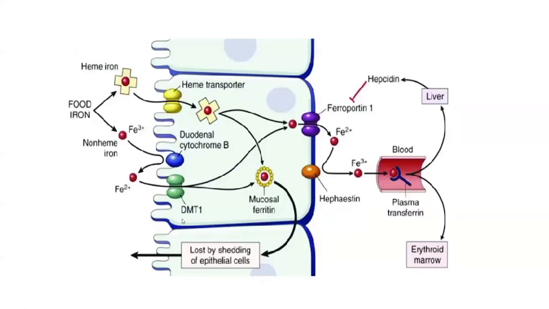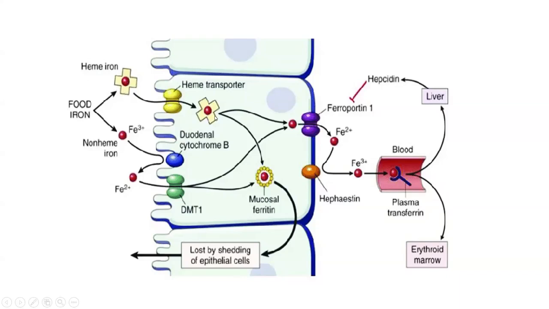So just going through the basics. This is the proximal duodenum, where this is the lumen, this is the enterocyte, and this is the systemic circulation. The iron in food can be of two types: heme iron and non-heme iron. The good thing regarding heme iron is it can be easily absorbed. There is a simple transporter.